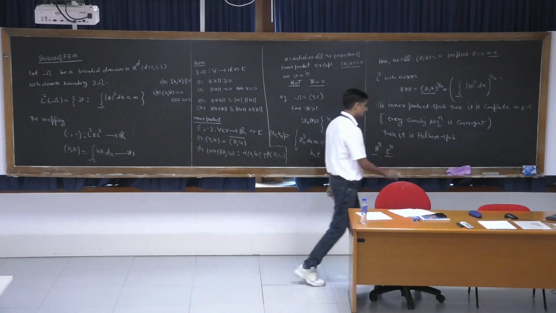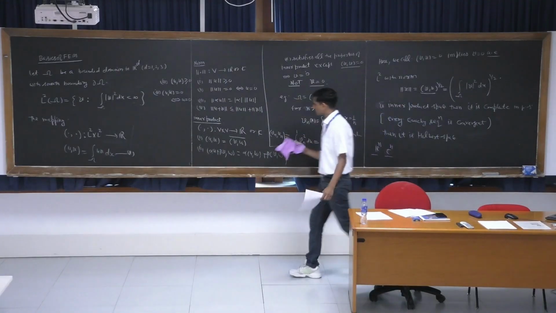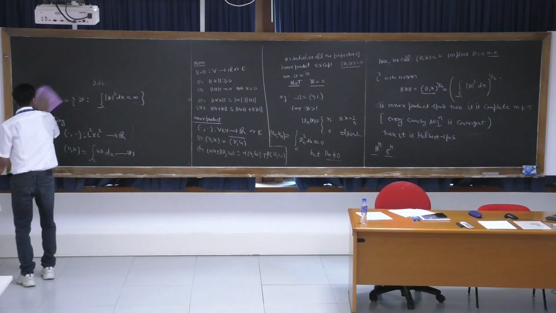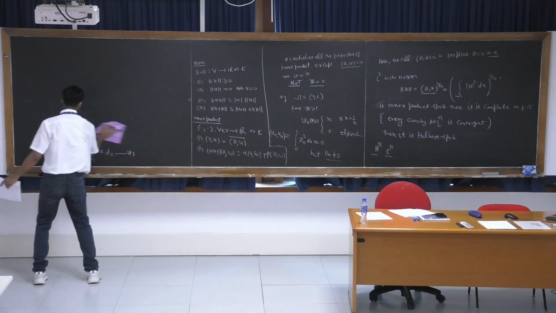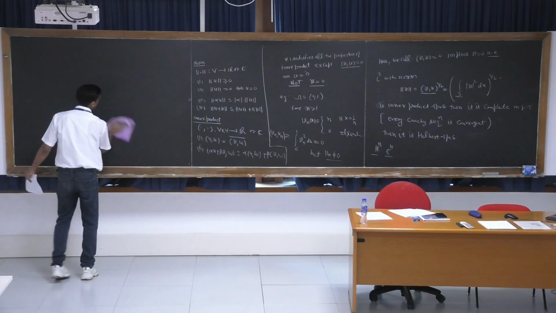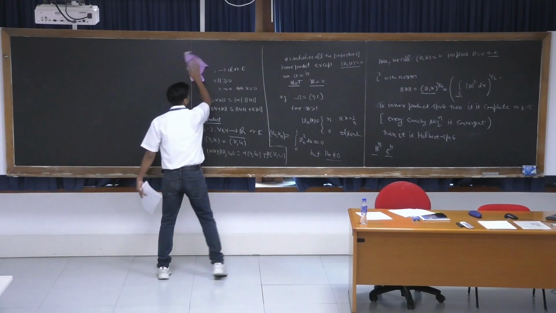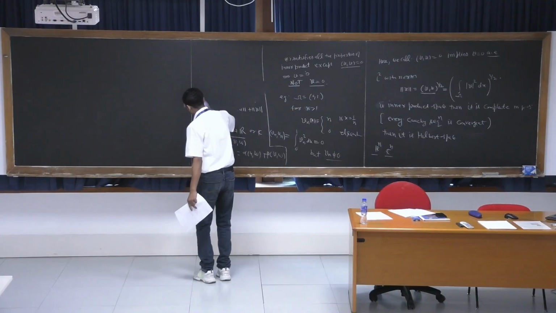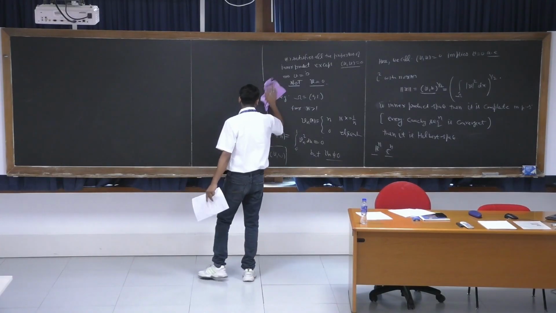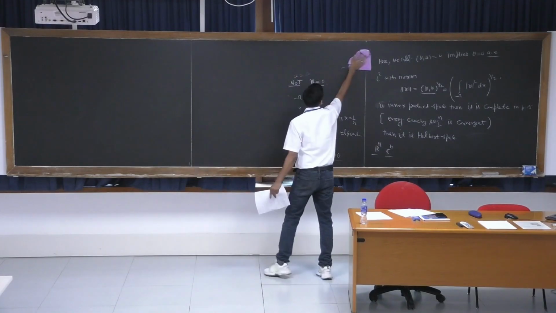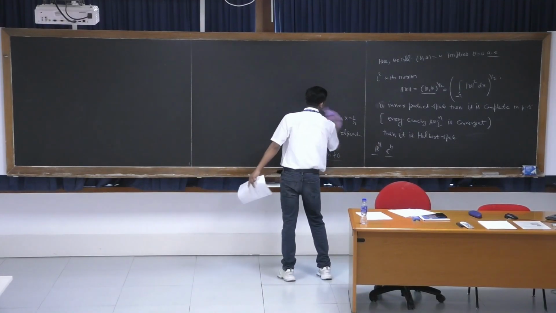So these are some examples of Hilbert spaces. Now, this was the L2 space. L2 space is used very much in the finite element method, because most of the properties of the Hilbert space L2 we use in the finite element method.